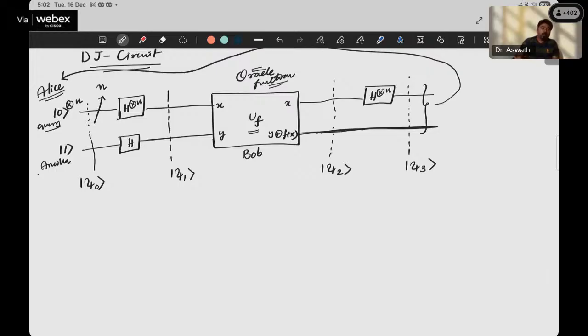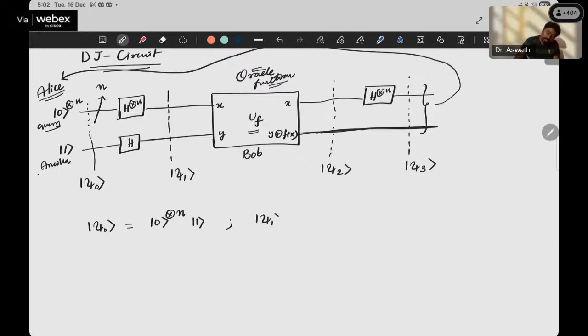Now, let's find out what psi naught is. How many qubits are there in psi naught? N qubits are there. All of them are in the zero state initially. And there is one ancilla qubit, which is in the excited state. Now, what is psi 1?